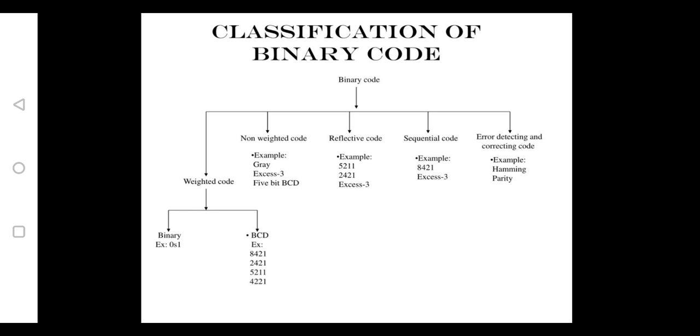So the 10 equivalent in BCD is 0001 followed by 4 zeros. In BCD, if there are n digits, the number of BCD bits will be 4n, because each and every digit is replaced with its 4-bit equivalent.